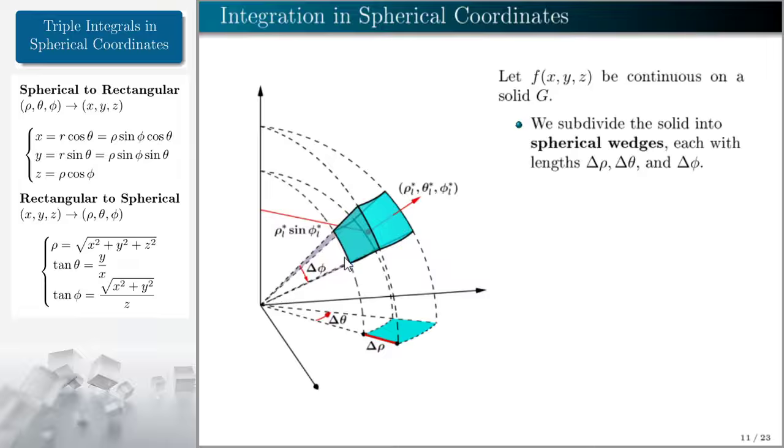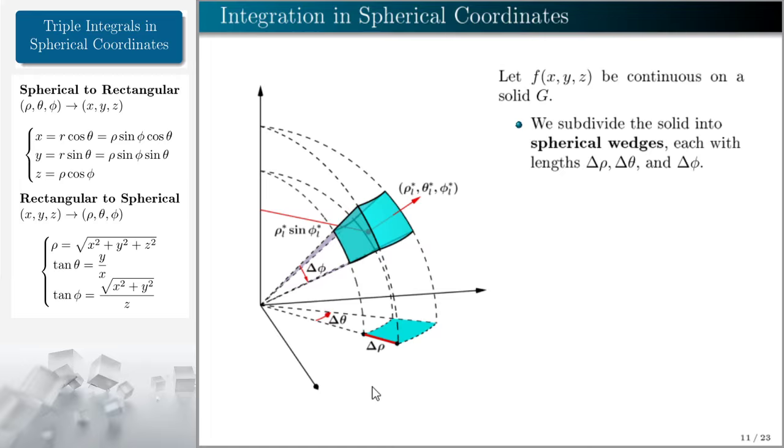Firstly, this will be a change in the phi. This length here is a change in the rho, and this length here will be a change in the theta. Of course, the rho here will be a length, while the phi and the theta are angles.